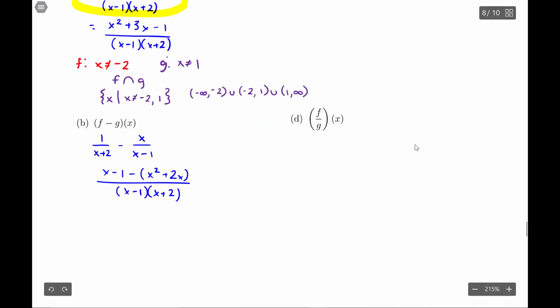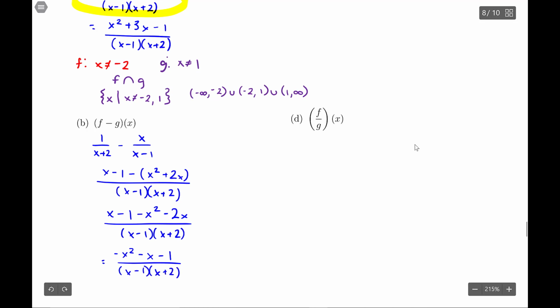When we simplify that, we get x minus 1 minus x squared minus 2x. And we combine like terms in the numerator, and we finally end up with negative x squared minus x minus 1 all over our denominator.